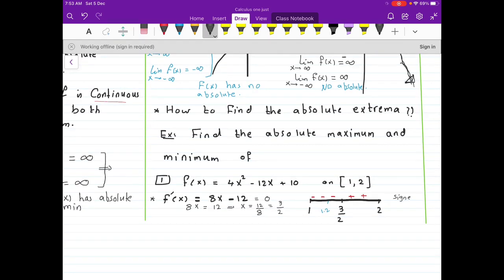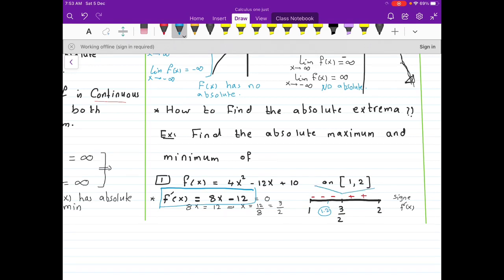This is the sign for f prime of x. If you choose a number between 1 and 3 over 2, like 1.2, and substitute in f prime, you get the sign negative. And if you choose a number between 3 over 2 and 2, the sign will be positive. That means the function is decreasing, then increasing.